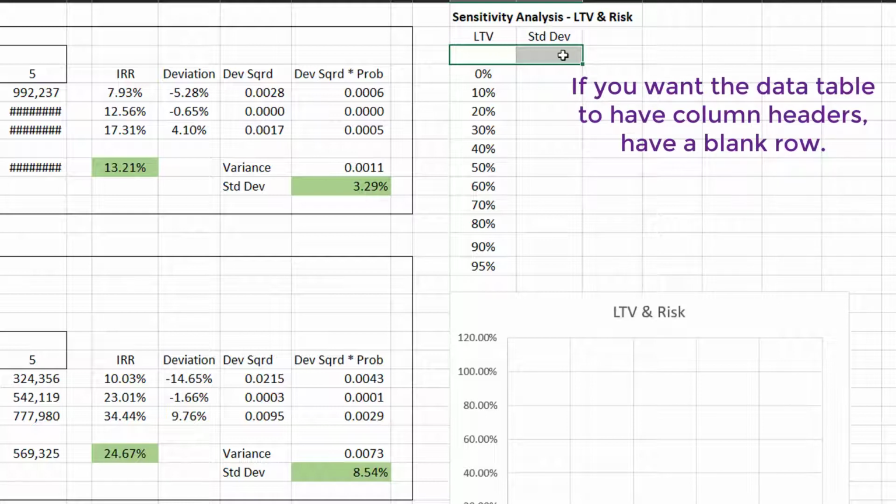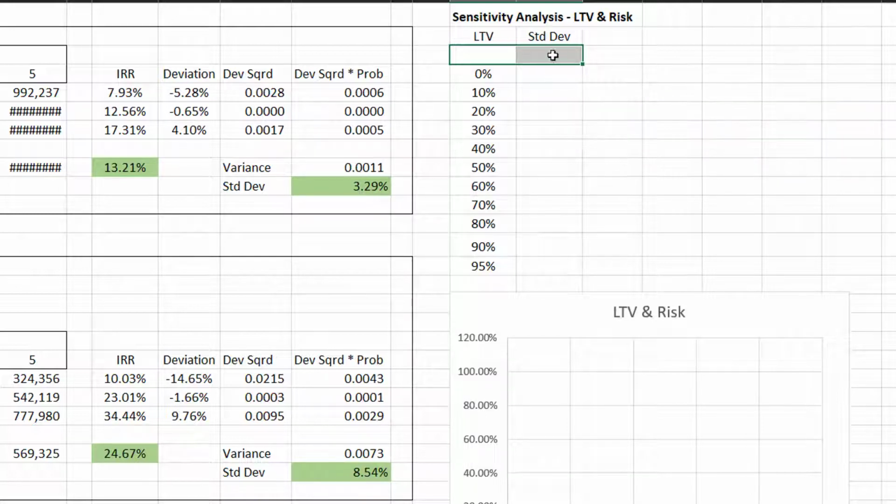You want to have a blank row before you stick all the inputs that you're concerned with. And in this little special cell right here, we're going to link to the cell that we're concerned with. In this case, it is the standard deviation that we want to see. So I'm going to link to that. And you can see that I just got the number there.